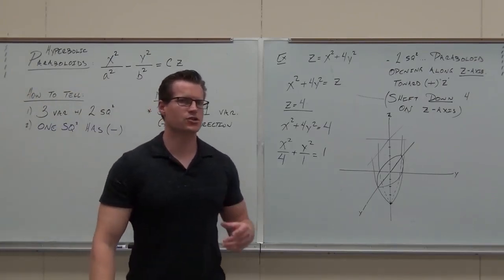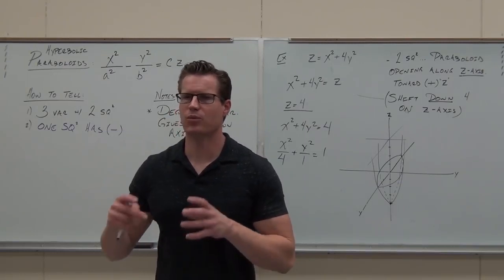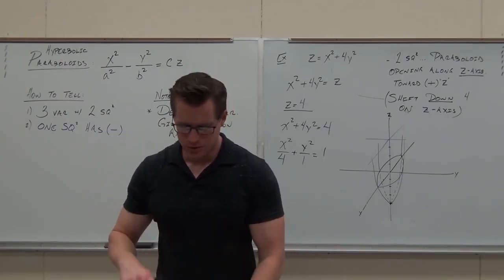But this stuff's going to change, and I mean, I could just give you the formula and say this is how you do it, but I want you to understand why. I want you to understand why these shapes are the way they are. So here's what we're going to do.